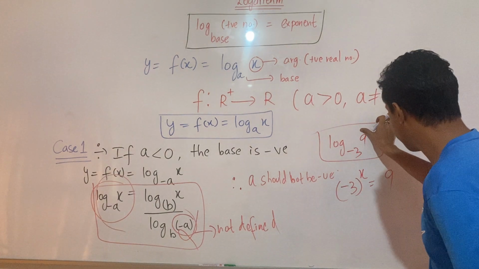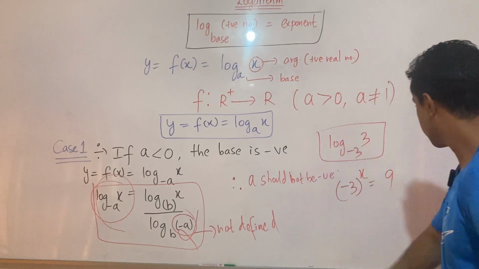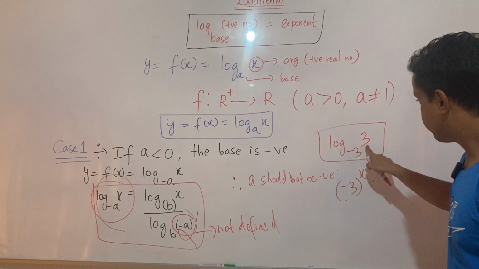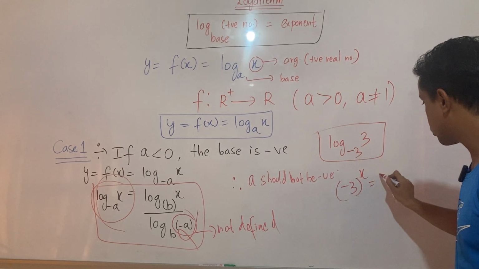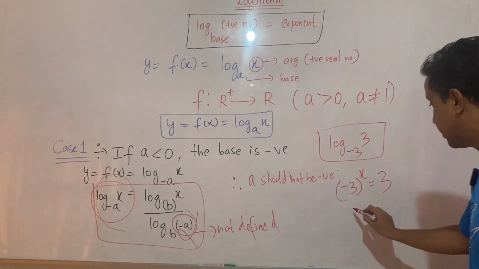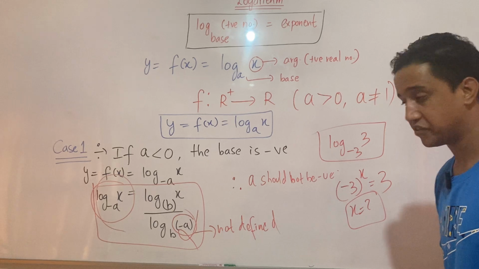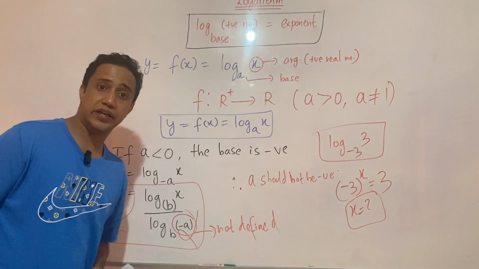But if I have 3 here, then to what power should this base be raised to get 3 as your answer? Now can you define x here? No, it's not defined. So that's why your base should not be negative.